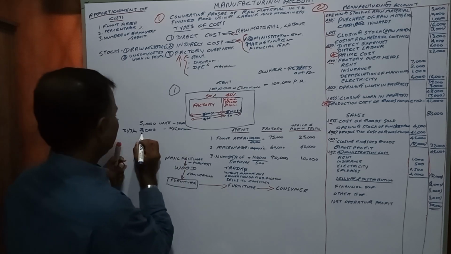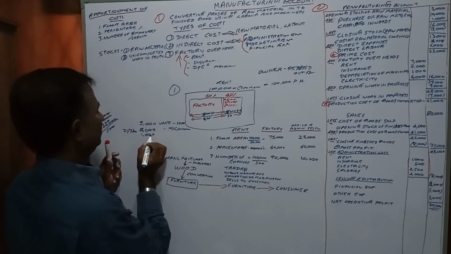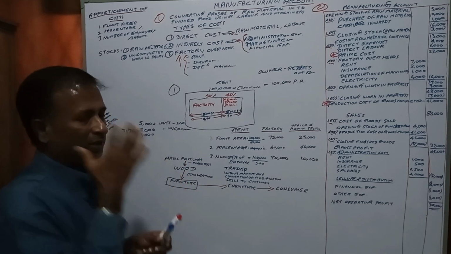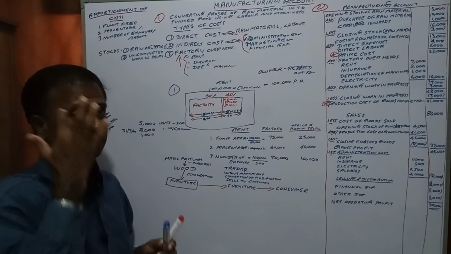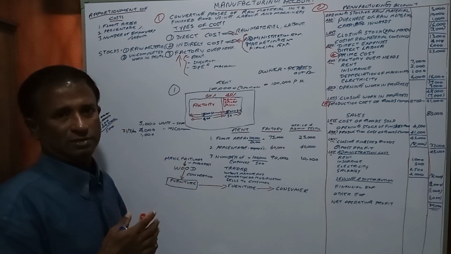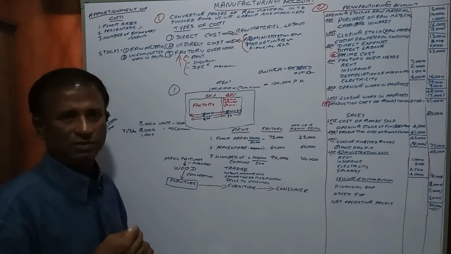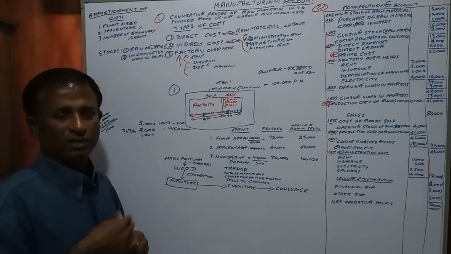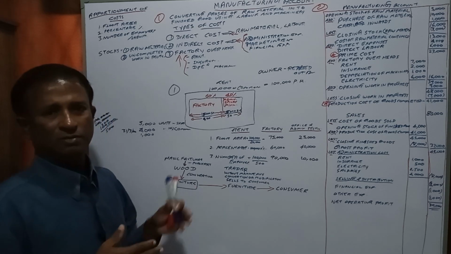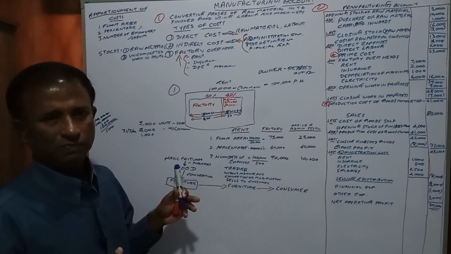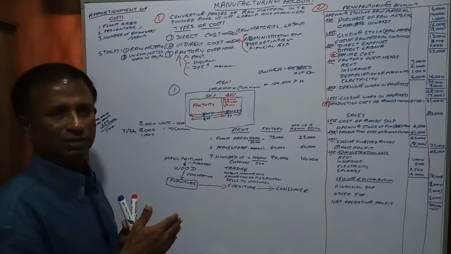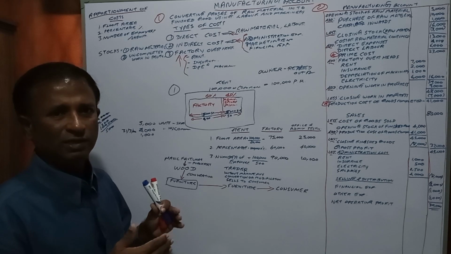But 1,000 you could not finish, because in the production of shirts there are several stages. Stitching is one stage. Cutting is one stage, cutting the material according to the measurement, and thereafter it will go to stitching.